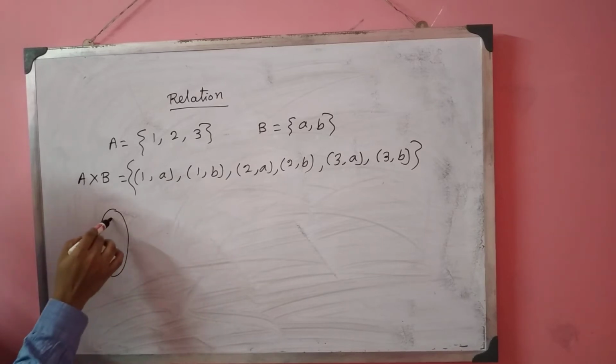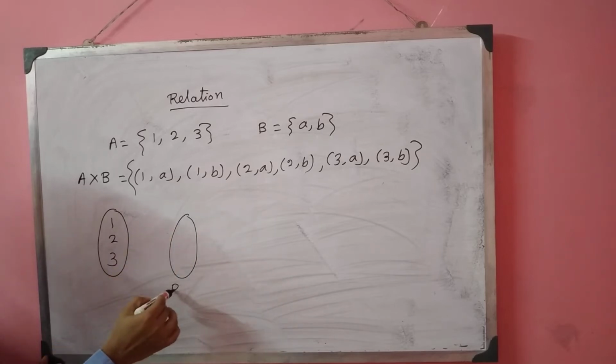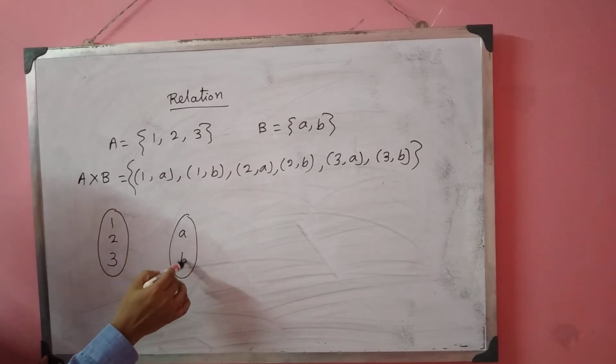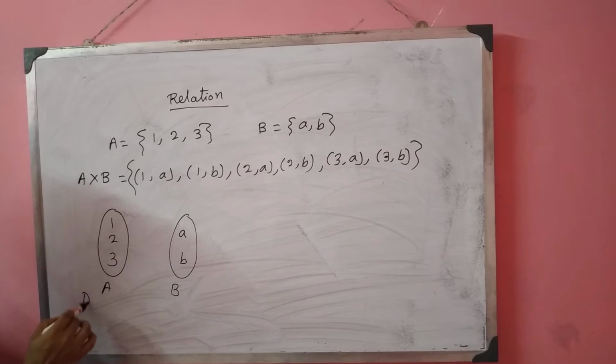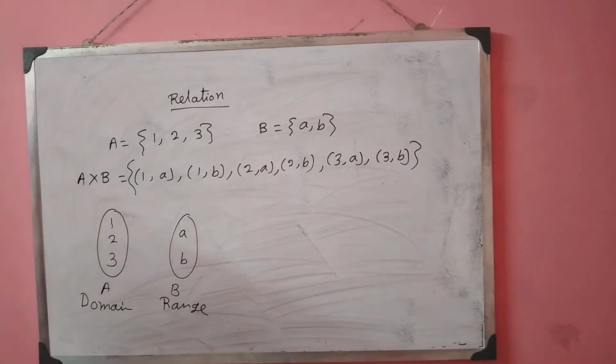Or we can say A is a set having elements 1, 2, 3, and B is another set having elements a and b. A is the domain and B is the range.